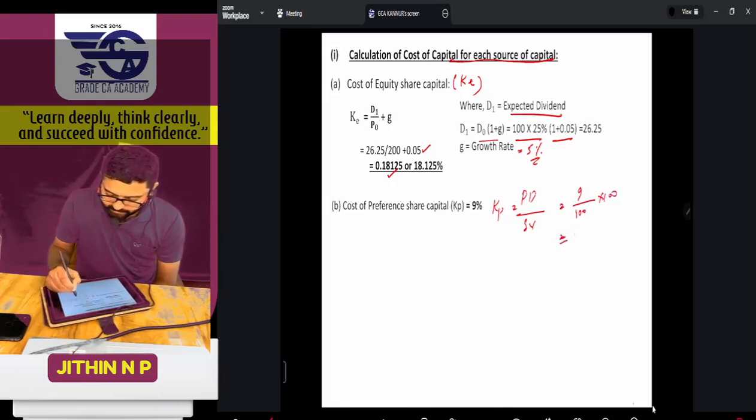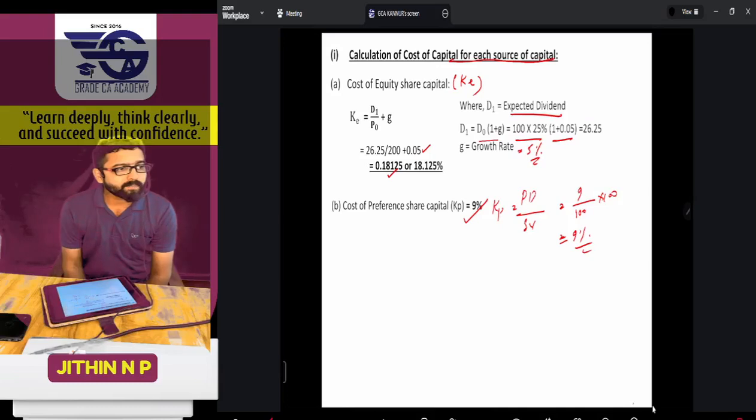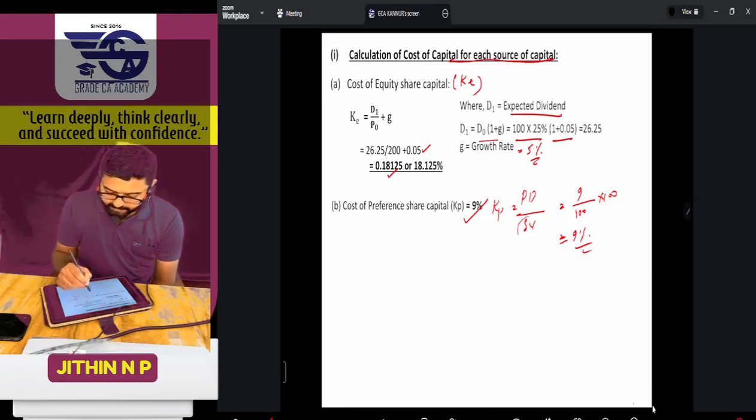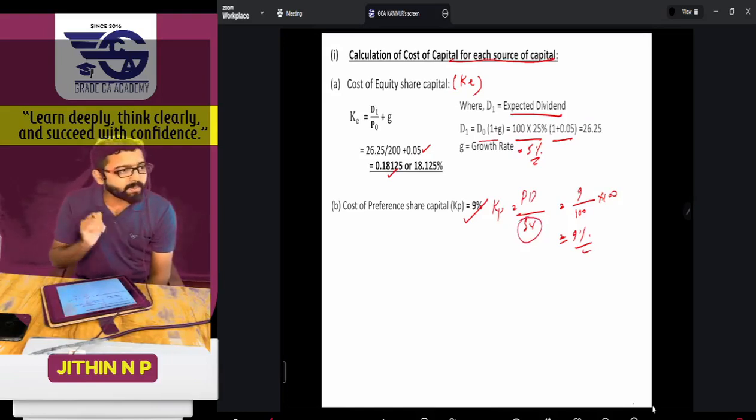That means 9%. Clear? KP is equal to 9%. If the issue price is different, then the percentage may be different. Otherwise, KP is the same percentage.